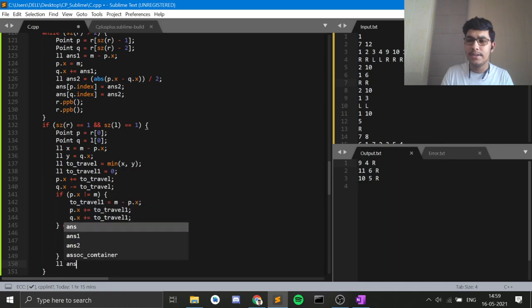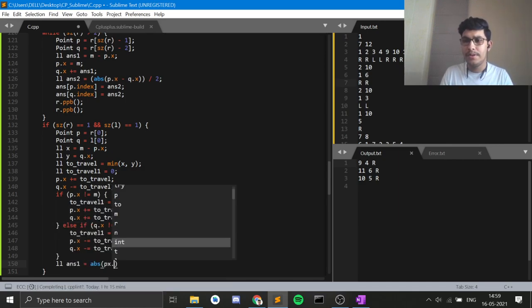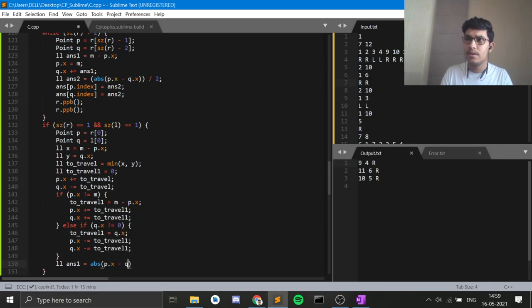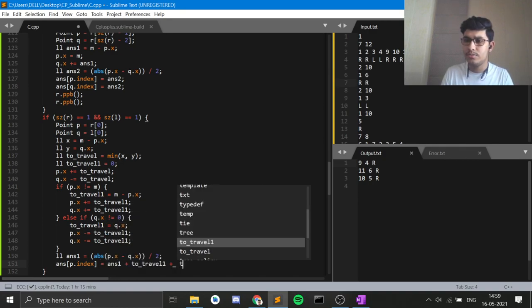And then the answer is LL answer 1 equals ABS of P dot X minus Q dot X by 2. Answer at P dot index equals answer 1 plus 2 travel 1 plus 2 travel 2.